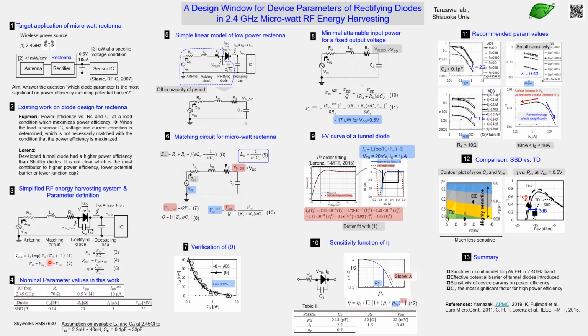However, in this work we use this parameter as a variable parameter, such as RS and CJ, to think about different types of diode such as tandem diode, and also saturation current IS.